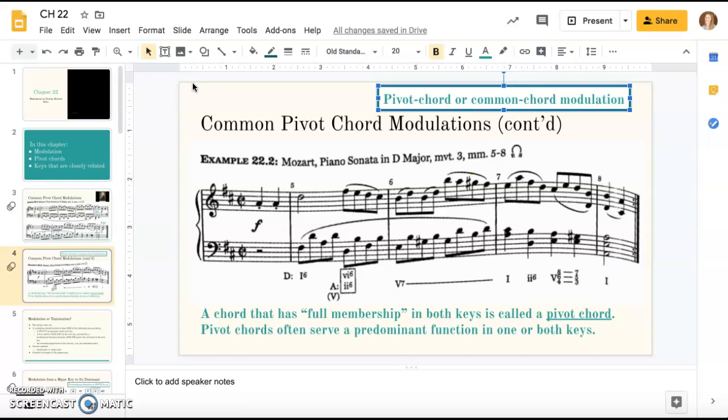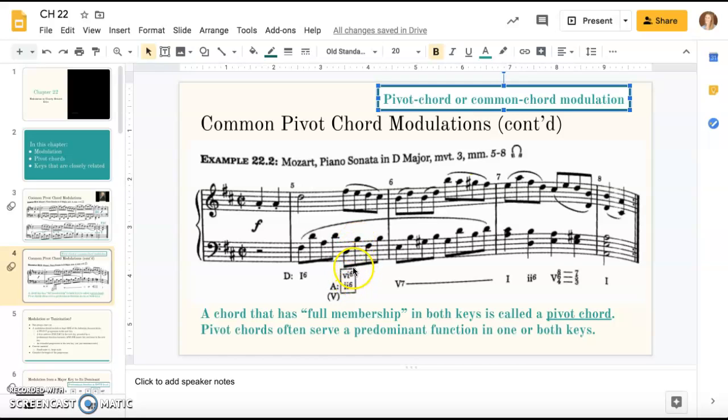So, continuing on, pivot chords can also be common chords that are shared between the original key and the key that you're trying to go into. So if we're looking here, we're analyzing in the key of D major, and we see our D major chord in first inversion, and then our vi chord, which is a B minor chord in first inversion.